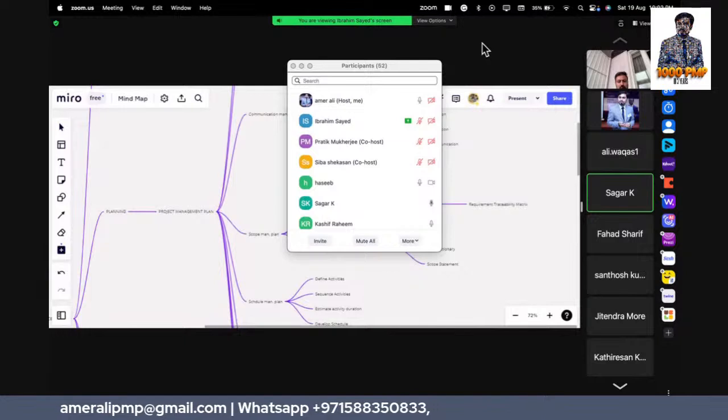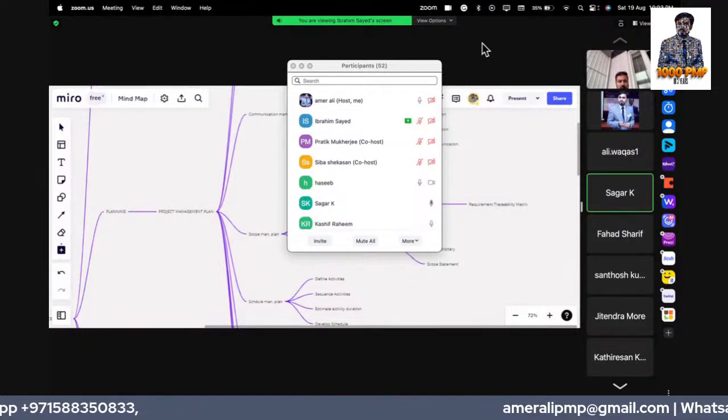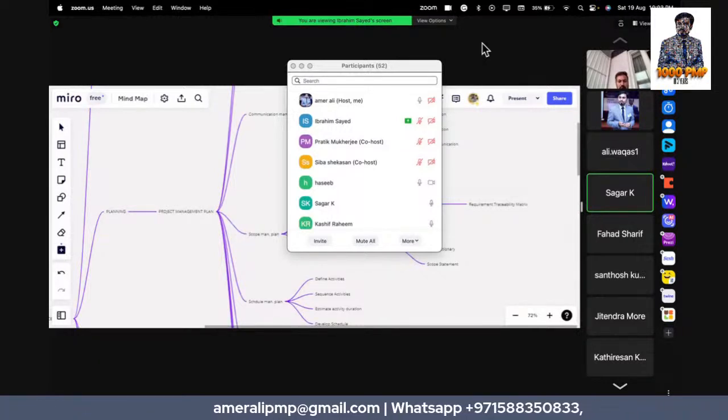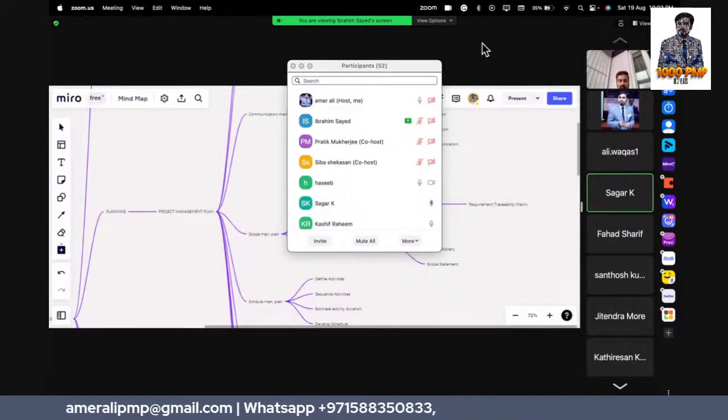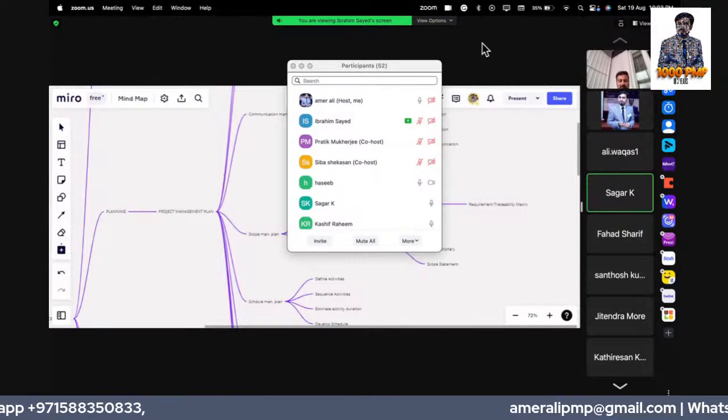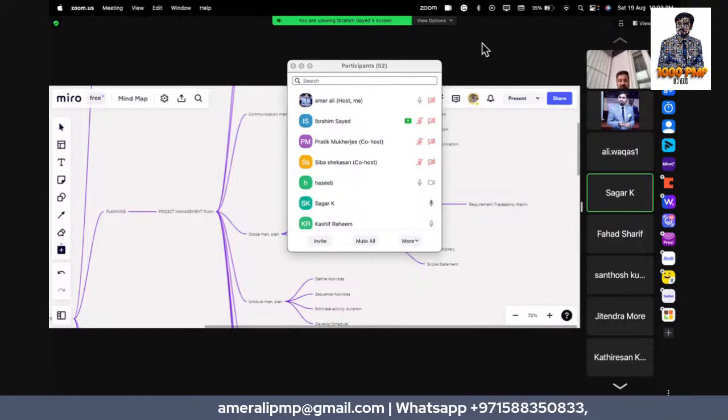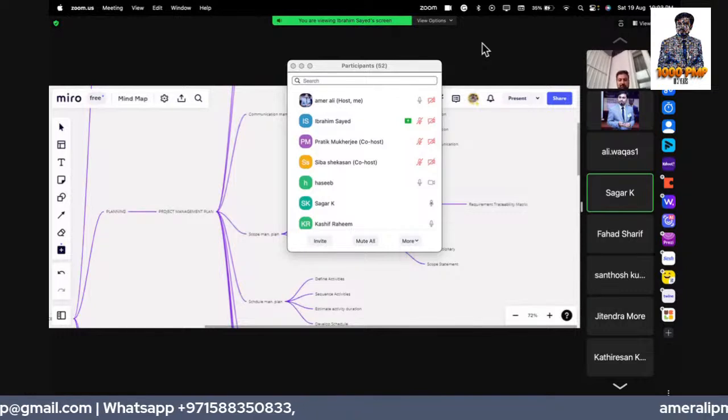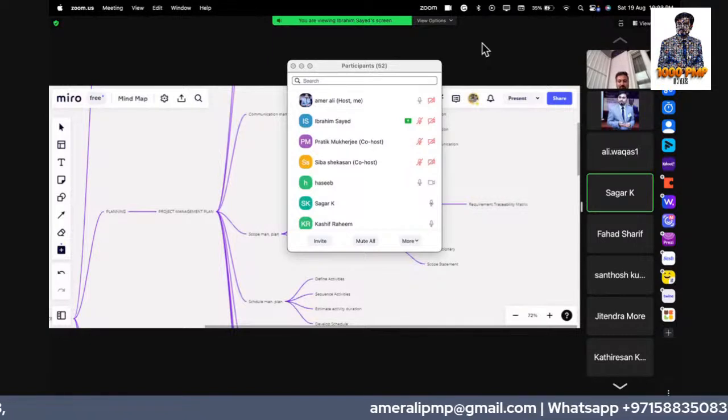Once the scope statement is defined, the next stage is create WBS, wherein we break the work items into activities. The output of the WBS is the scope baseline, which comprises the work breakdown structure, the WBS dictionary, and the scope statement.